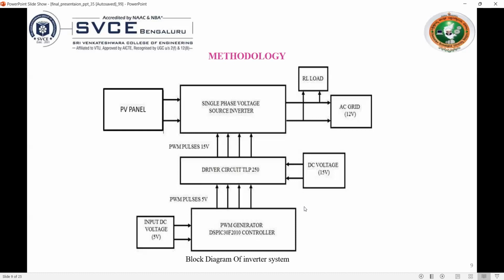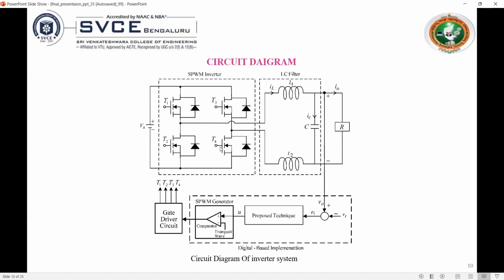So this block diagram will be more clear in our circuit diagram. So we'll go through that. Here is our circuit diagram. Here is each section: SPWM inverter, LC filter, and digital based implementation. Coming up to the SPWM inverter, here is our voltage source, and here are our four MOSFETs. These MOSFETs are connected in an H bridge.